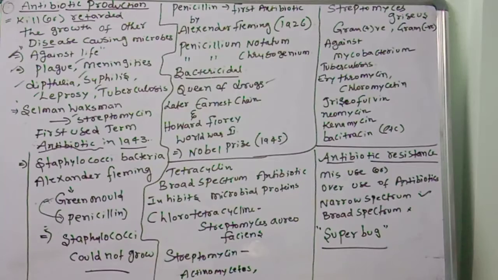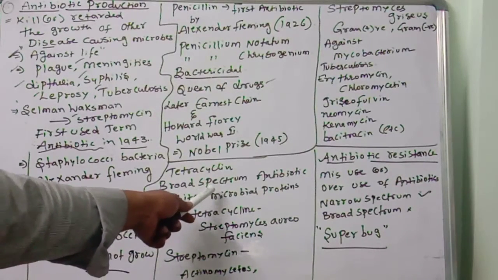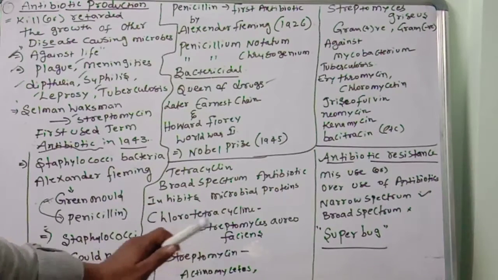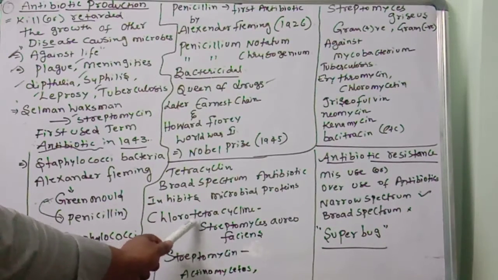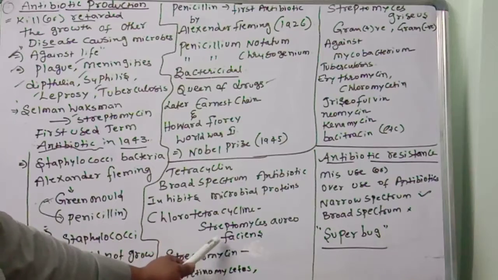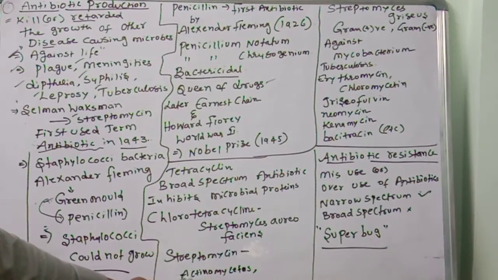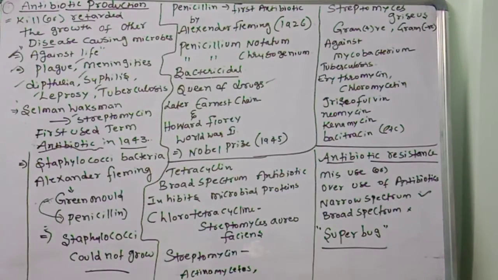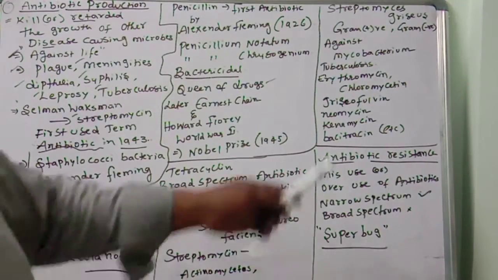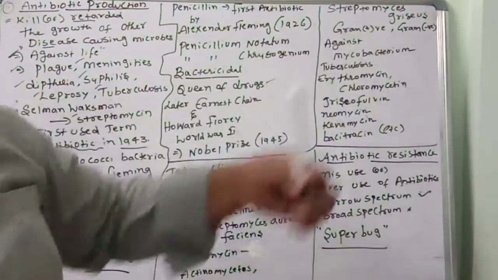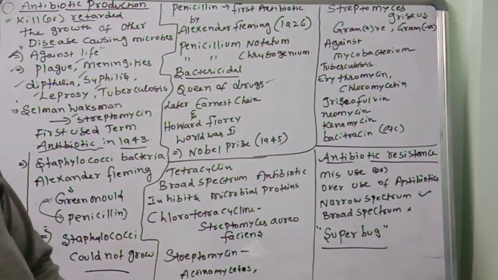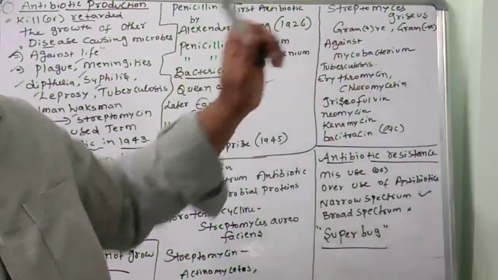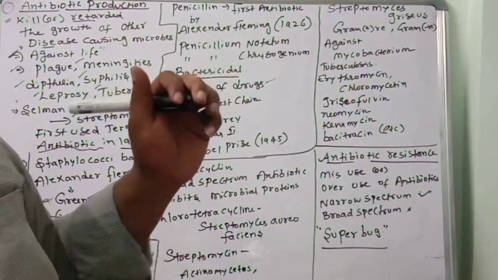This is important, children. Next, tetracycline is a broad spectrum antibiotic that inhibits microbial protein synthesis. Chlorotetracycline we get from Streptomyces aureofaciens, and streptomycin from actinomycetes, Streptomyces griseus. These are very useful to control Gram-positive and Gram-negative bacteria, and they also act against Mycobacterium tuberculosis, which causes TB.